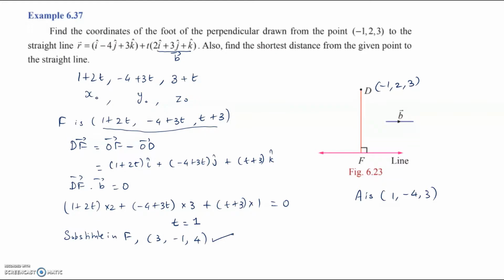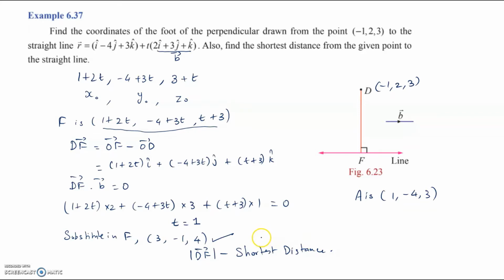Now to find the shortest distance from D to the straight line, it's obviously the magnitude of this vector df. Because it's a perpendicular line, this will be the shortest distance. So if you find the df magnitude, that would be the shortest distance. Okay, so this is just an overview for you to understand this problem.